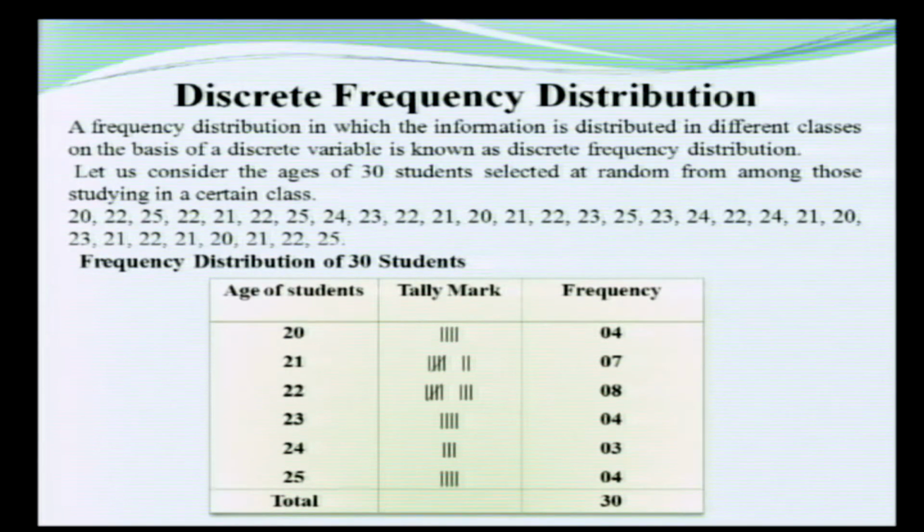So, this kind of arrangement or distribution on the basis of the frequency is known as the frequency distribution, and there the frequency distributions are of 2 types: discrete frequency distribution and continuous frequency distribution. If the variable under study is of a discrete form, then the distribution formed on the basis of a discrete variable is known as the discrete frequency distribution.